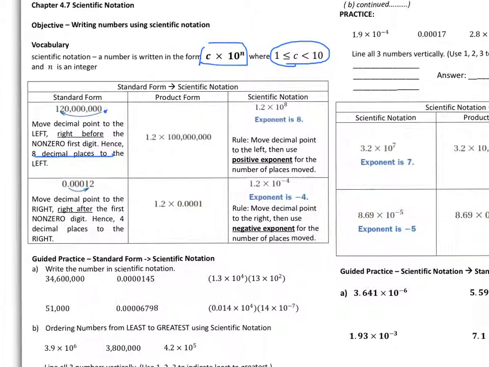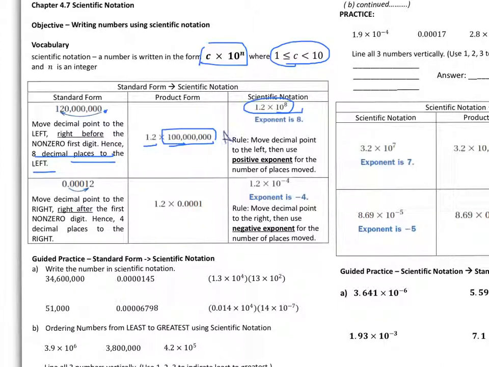Okay, that's where we stop. 1.2 times 100 million will be the product form. And because we have 8 zeros, or we shifted 8 places to the left, we therefore multiply by 10 to the 8th power. Okay, and this is our scientific notation.